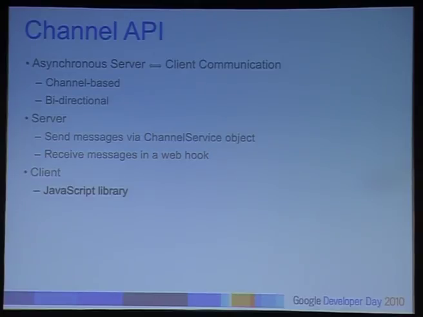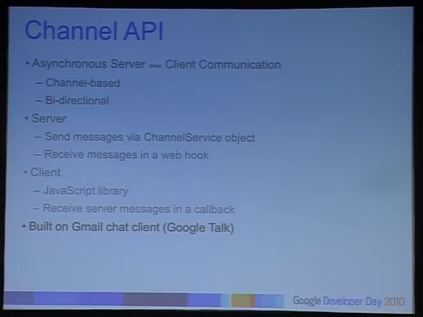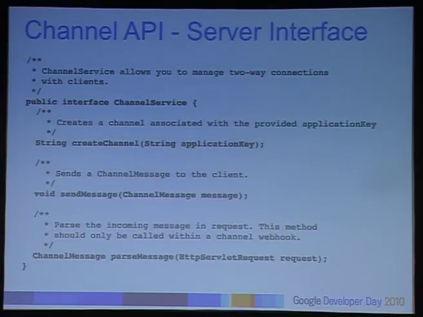On the client, which is the interesting piece, we have a JavaScript library. There's a script tag that you include on your web page, which provides all the plumbing, all the infrastructure for this channel service. And then you receive messages in a callback. This is the exact same infrastructure in our data centers that handles Google Talk.